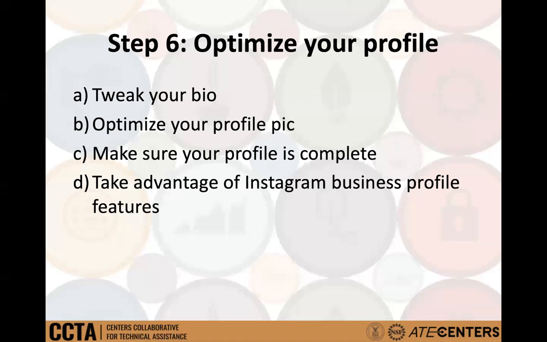Maybe you can have a button to book an appointment, make a visit, or link to an email, those kinds of things. When you access this information in your business profile, you just click edit profile and contact options, and add an action button. So these are things you want to make sure your profile is optimized for the work you're doing.